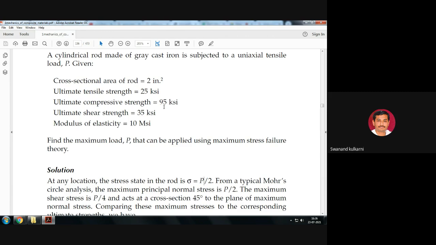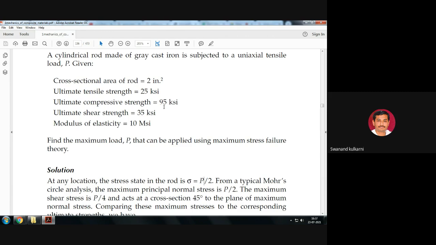As we know, in case of gray cast iron, compressive strength is always larger than tensile strength, which is happening here, and shear strength is generally considered to be half of the compressive strength, and near about it is considered to be 35.